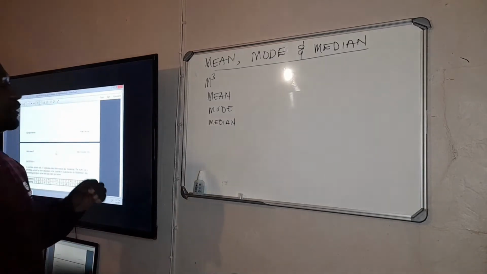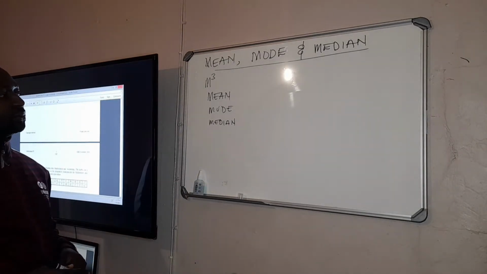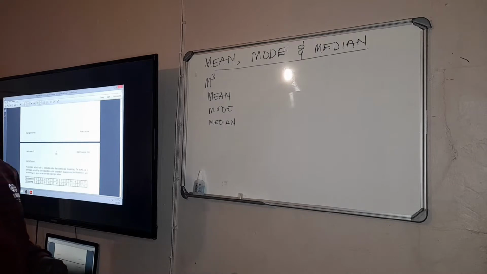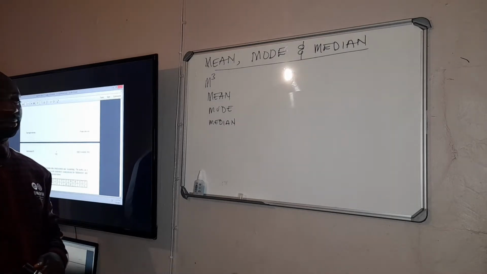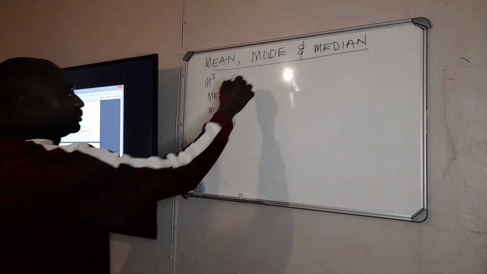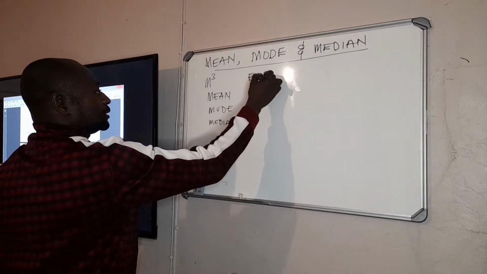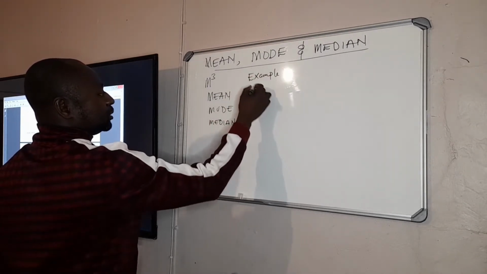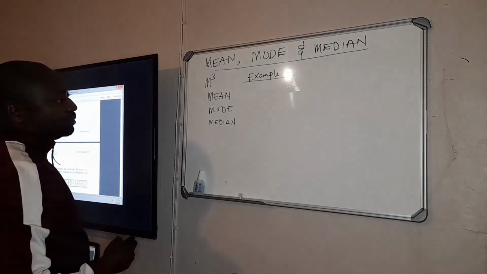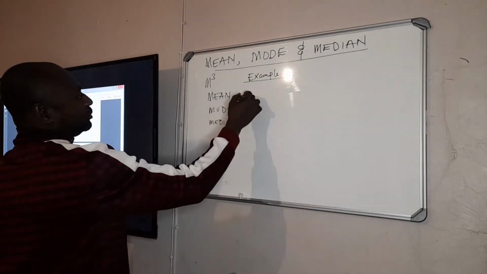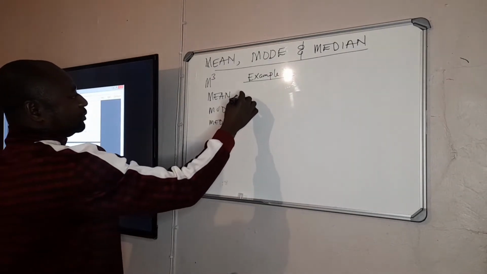In this case, you'll be given a question and they will ask you to calculate the mean, the mode, and the median. So now let's take for example these numbers that I'm going to give.